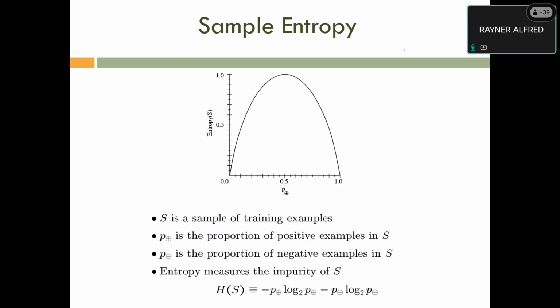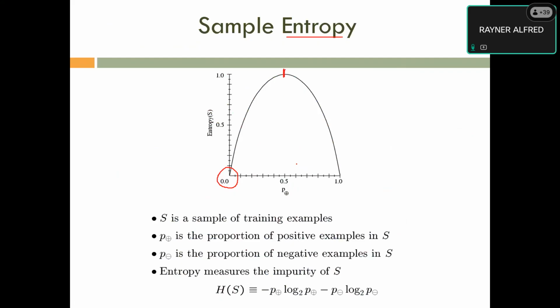Okay, so we have all learned about entropy. Entropy refers to the purity of your data set. So when we are here, entropy is 0, and your positive sample proportion is 0 also. When we are here, that means your entropy is 1.